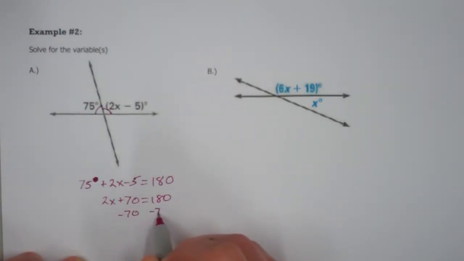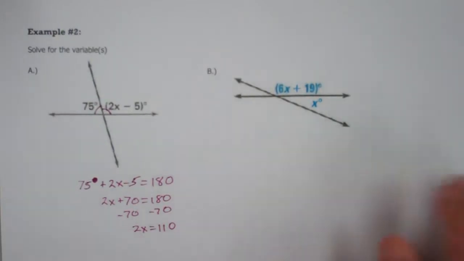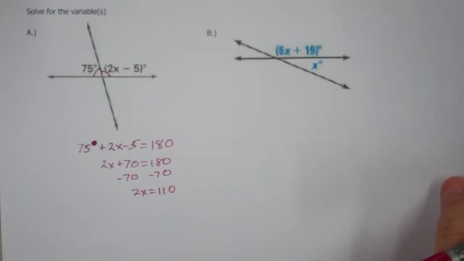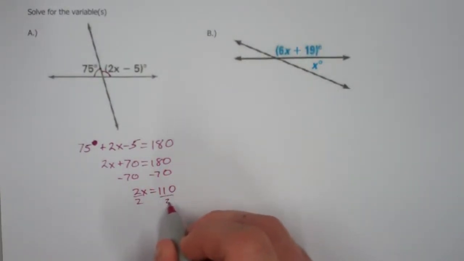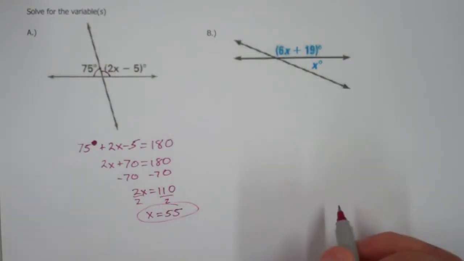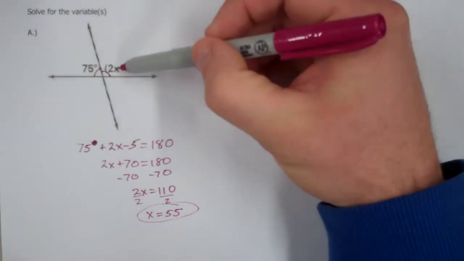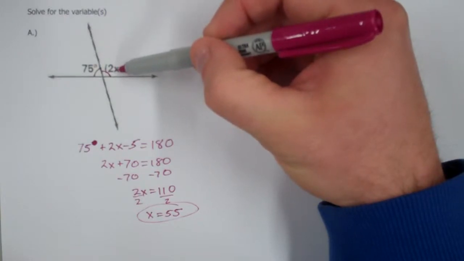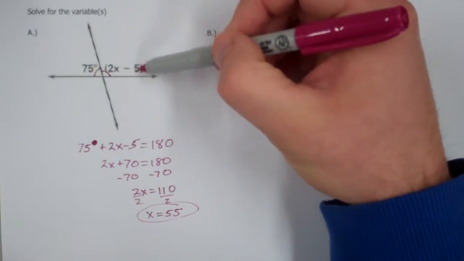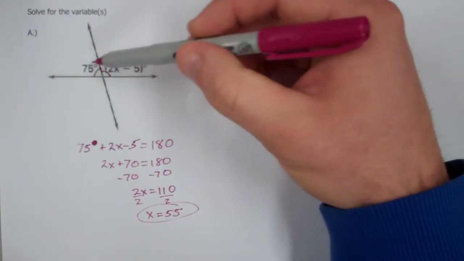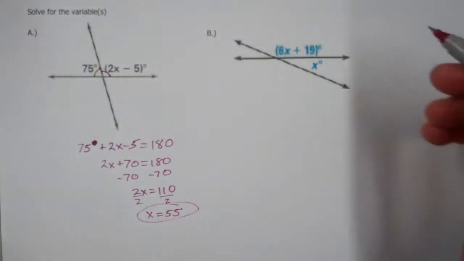We'll subtract 70, and 2x is equal to 110. Move this up a little bit for you. Divide by 2, and x is equal to 55. You could plug this back in to verify. 2 times 55 would be 110. 110 minus 5 would be 105, and those two would add up to be 180.